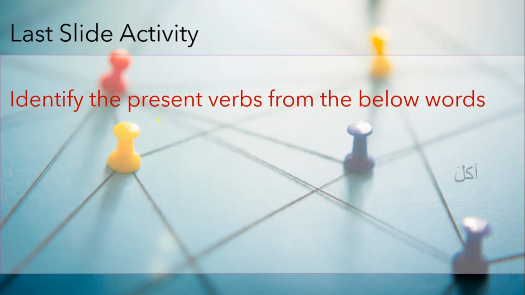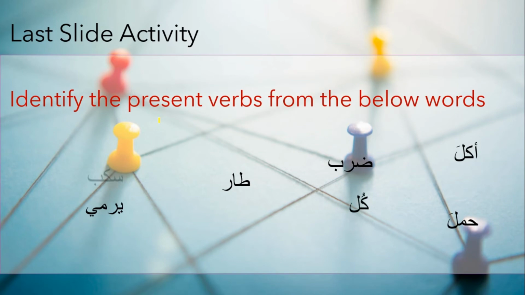First activity, I would like you to identify which of these verbs is present. First, we need to think about the present verb. Present verbs usually have some letters which identify to us that this is a present verb. So the first one is akala, and we can see here the diacritical mark used in akala is for the past tense. Daraba, again the diacritical mark used here is fatha, and we don't use fatha for the present verbs.